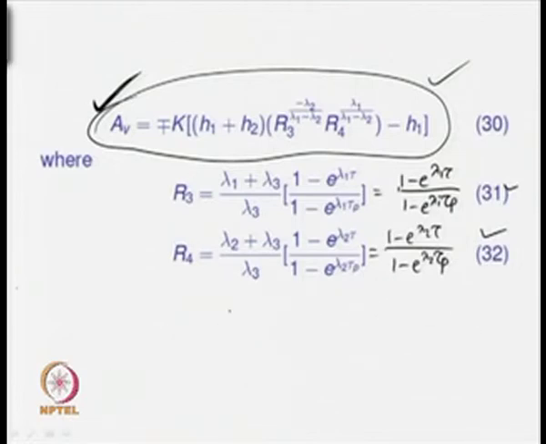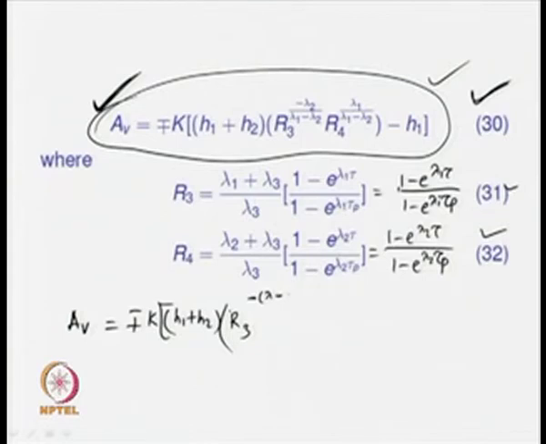Now, the same expression, equation number 30, can be written as AV is equal to minus plus k H1 plus H2 with R3 to the power minus lambda 2. So, minus lambda minus alpha, please keep in mind, upon lambda 1 minus lambda 2, which is nothing but alpha.